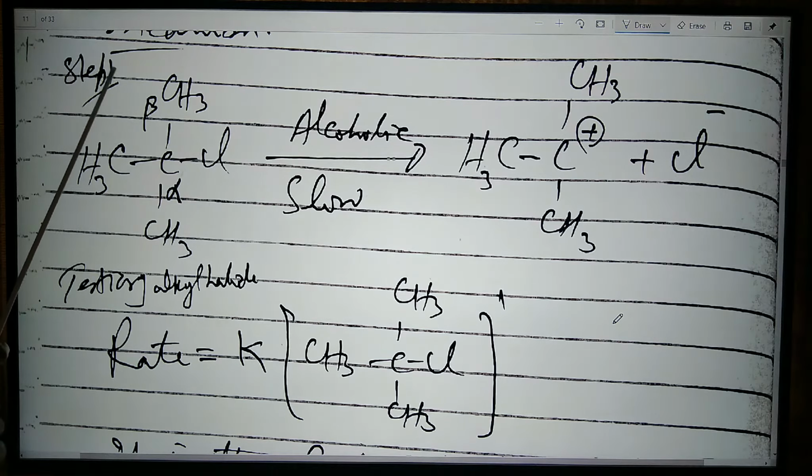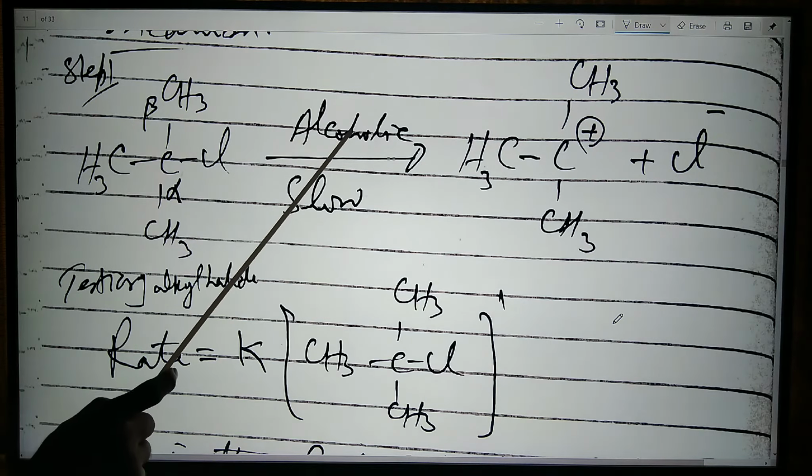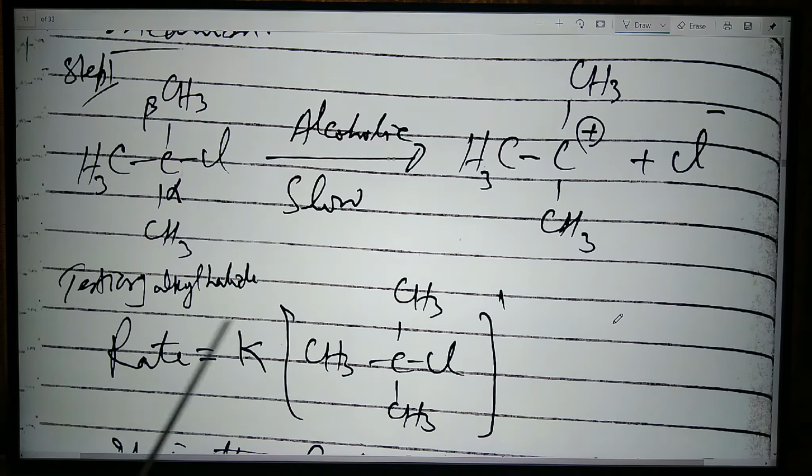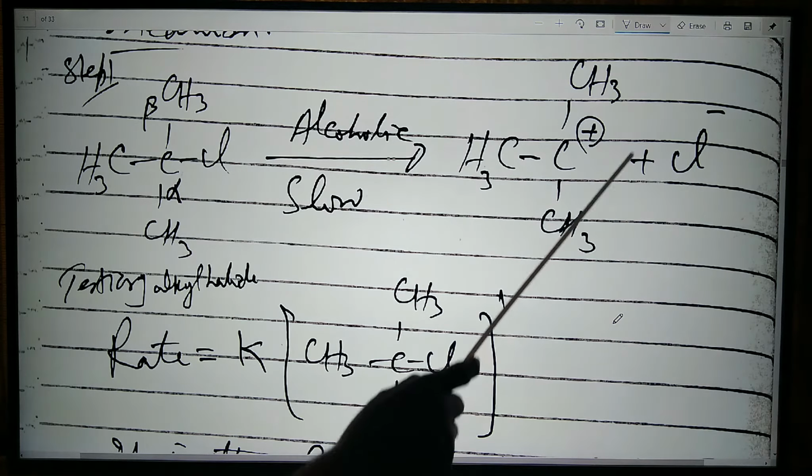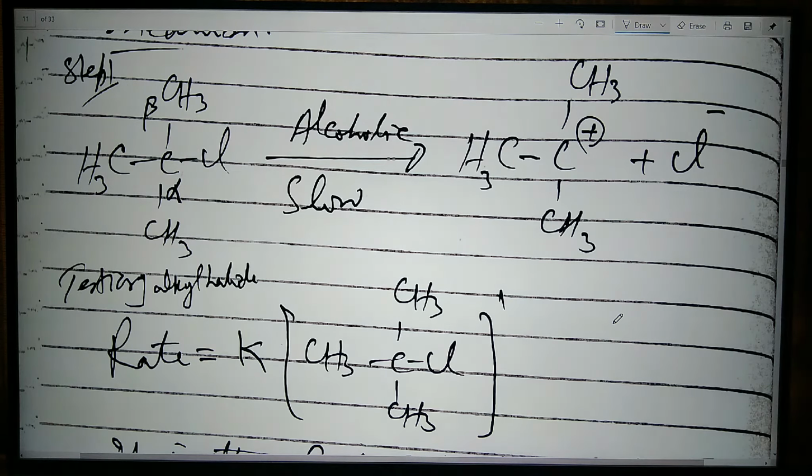In the first step, in the presence of alcoholic medium, this is the slow step. So the Cl is replaced. So this is the carbocation, with CH3, CH3, CH3. So in this case, the rate of reaction depends upon the concentration of this substrate only.